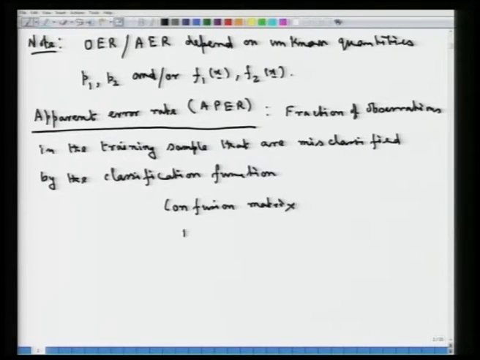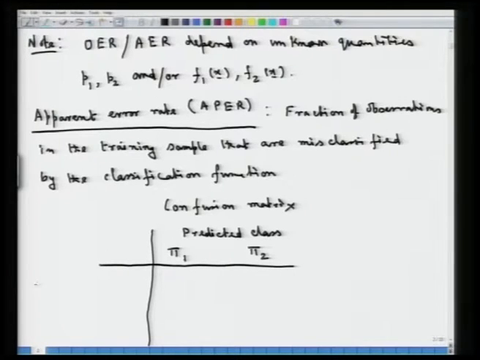So, we will be having on one hand predicted class memberships. So, there can be two such predicted classes, pi 1 and pi 2, because we are still looking at a two class problem, and each observation what we have has got another tag which is there in the learning sample. So, actual class membership. So, there are two possibilities, pi 1 and pi 2.